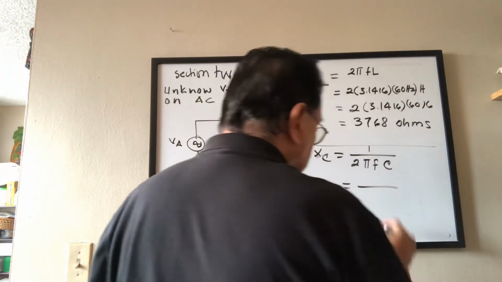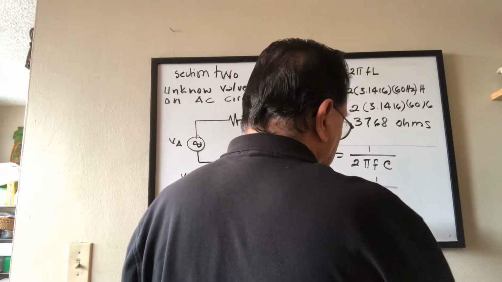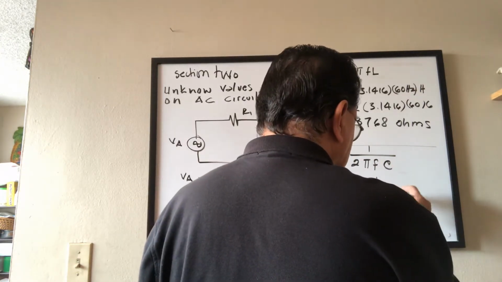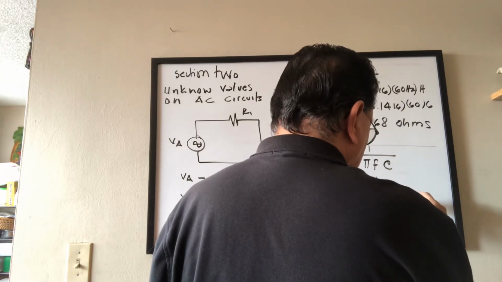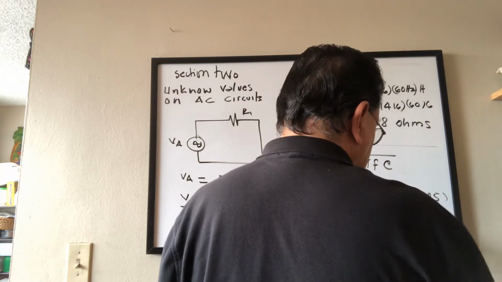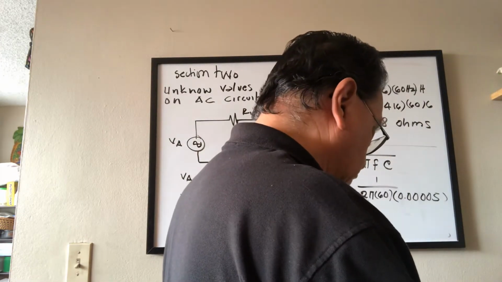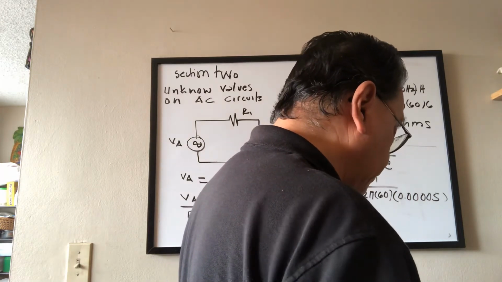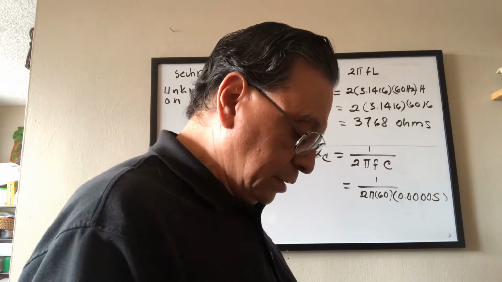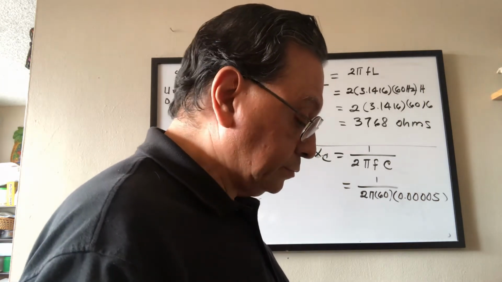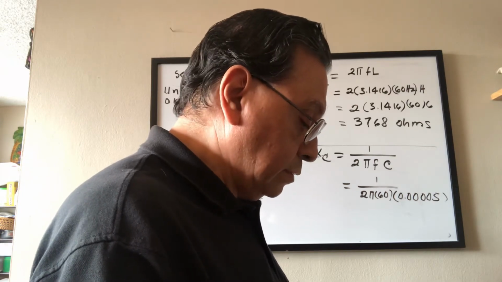For example, if we have a capacitor that is 5 microfarad, very popular on single phase electrical motors, it is 2 times 3.1416 times 60 Hertz times 0.000005.